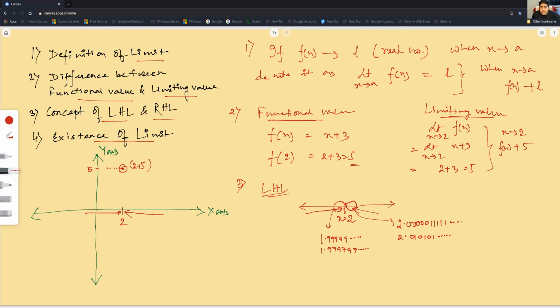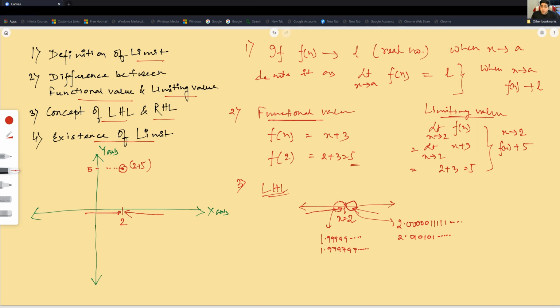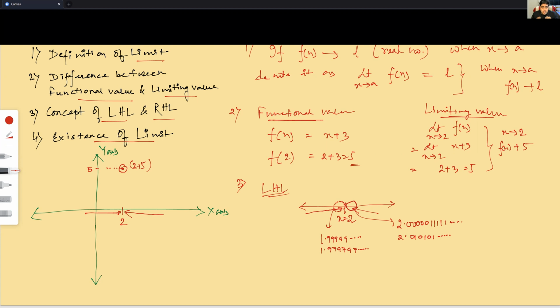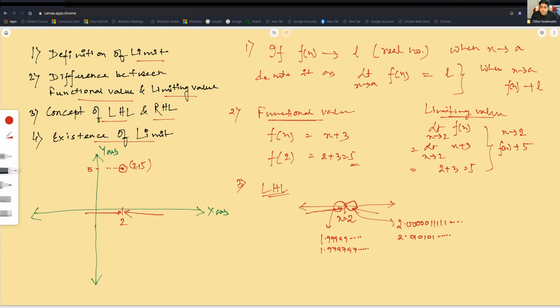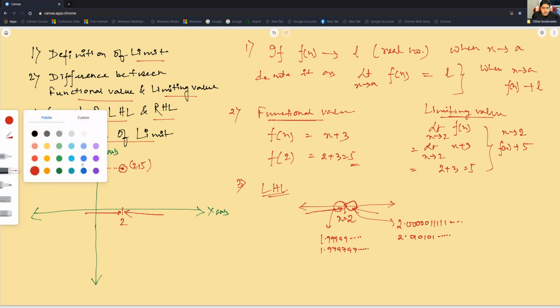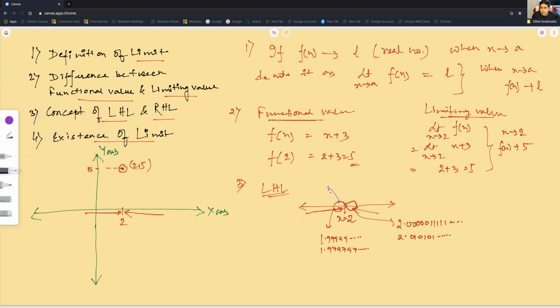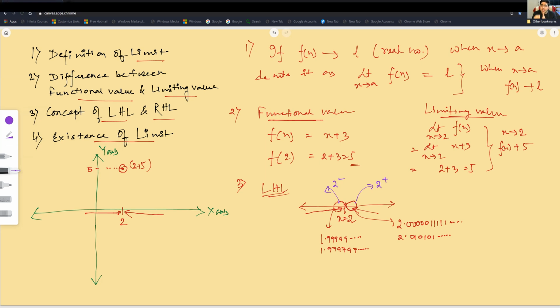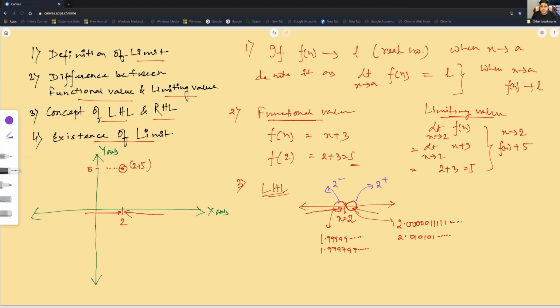In short, you can say that you can get the cloud points which are not exactly at 2. Understood? So all the cloud points on the left, if I denote them as 2 minus, and all the right side points as 2 plus, then every cloud point is very near to that point, but not exactly at that point, right?